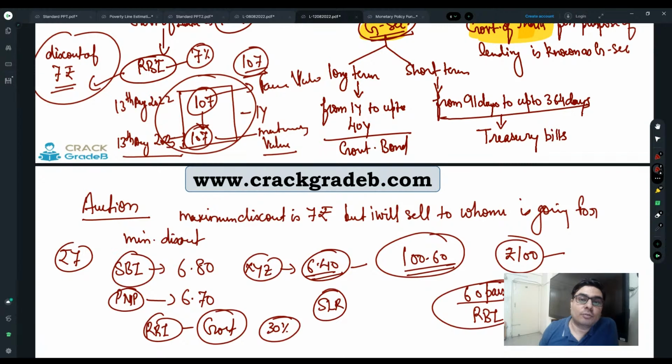That means banks have to invest a huge amount of money in where? Government securities. Government securities are issued for the purpose of what? Government borrowing. Why does the government want to borrow so much? Government feels that the private sector is going to exploit.